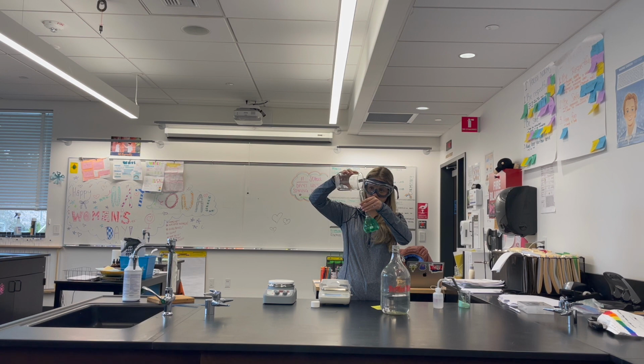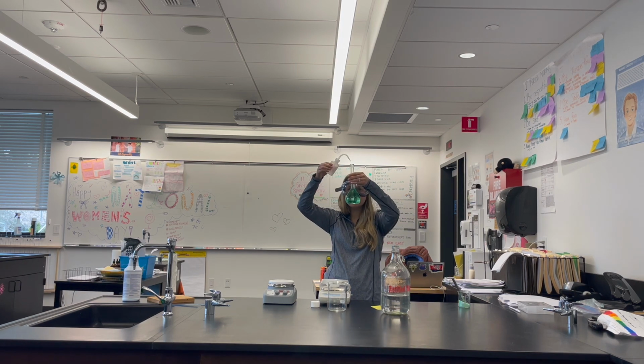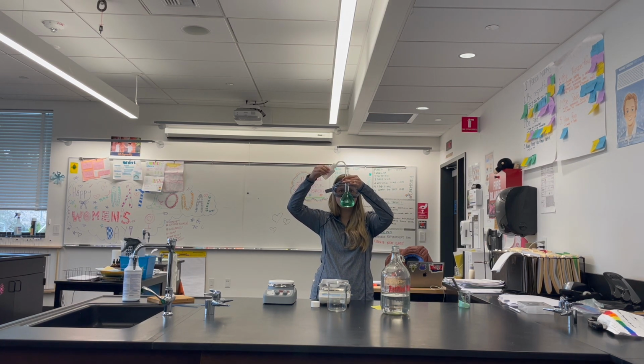Okay, once we get to this top section, we're gonna get close to our line and then stop pouring. And then we're gonna finish it off at eye level with our little squirter bottle.